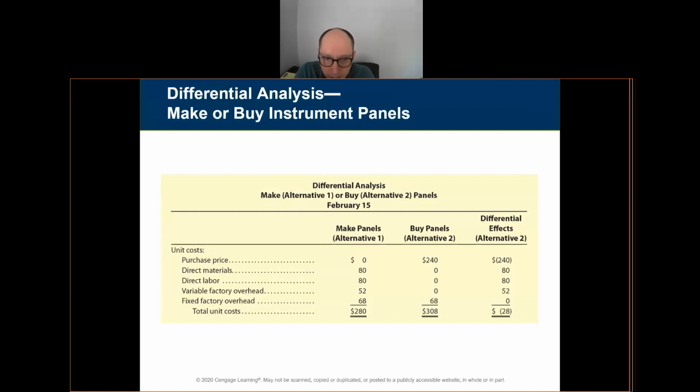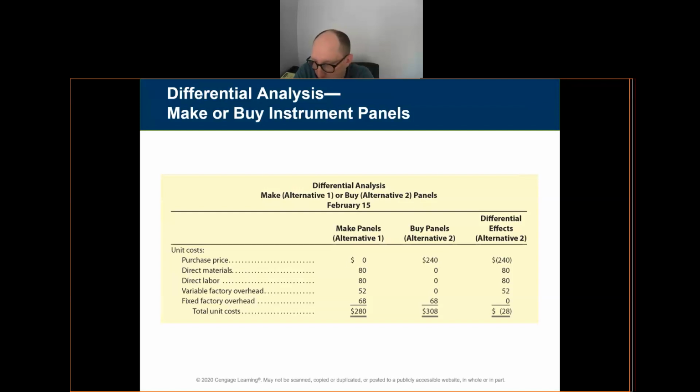Now, earlier I had said that the purchase price to purchase the completed unit and install it is $240. But, as I said very early on, fixed factory overhead does not change regardless of output. So, in the buy decision, the purchase price is $240.